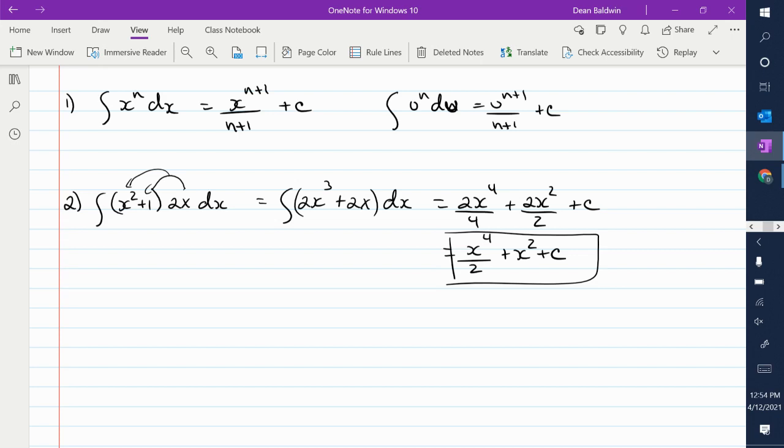This is pretty straightforward. If you can make it a polynomial, make it a polynomial. Polynomials are easy to integrate. All right? If the power there is 1, dump it in.